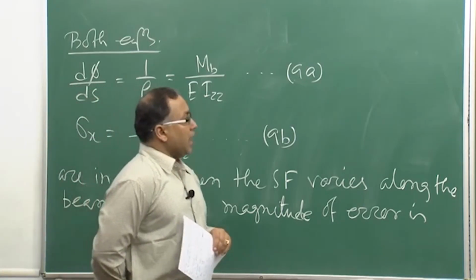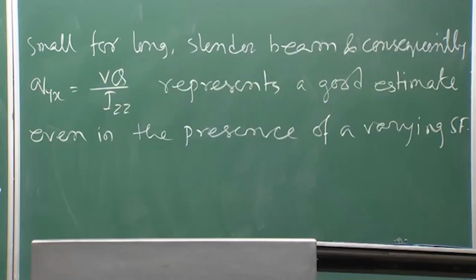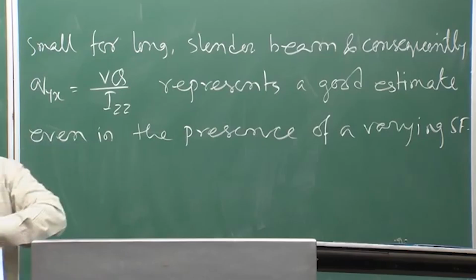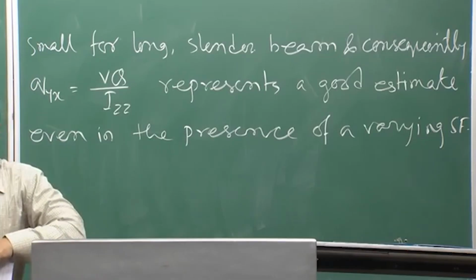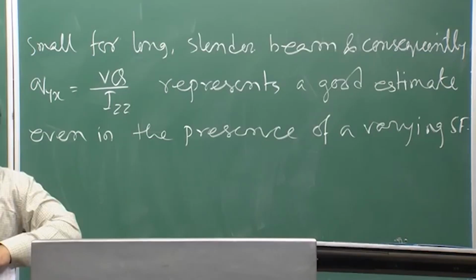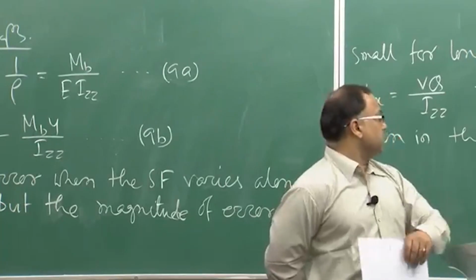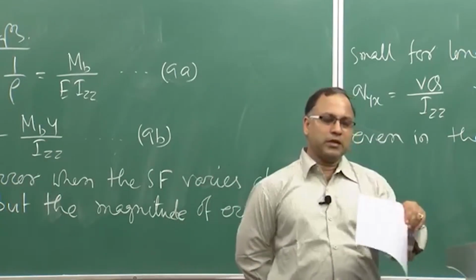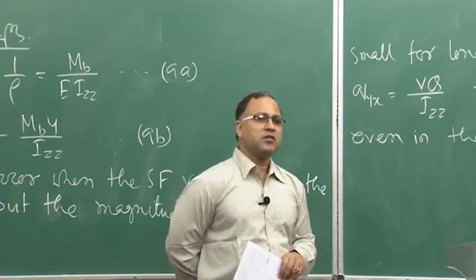And consequently, Qyx, that is the shear flow we calculate, represents a good estimate even in the presence of varying shear force. This equation was derived considering that the shear force is not varying with x, that it was constant, but even if the shear force varies with x, this equation still gives a good estimation of the shear flow.